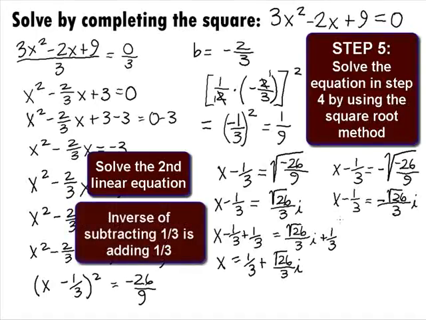The inverse of subtract is to add 1/3 to both sides, which will give us x minus 1 over 3 plus 1 over 3 equals a negative square root of 26 over 3i plus 1 over 3. When we simplify that, that gives us our second solution of x equals 1 over 3 minus the square root of 26 over 3i.